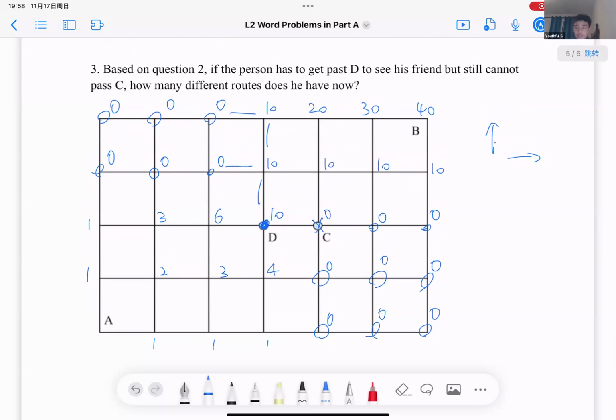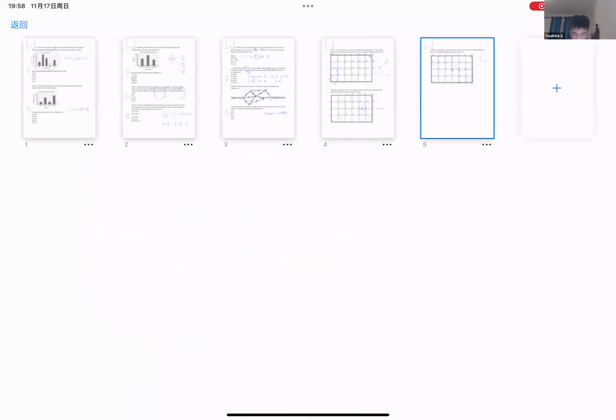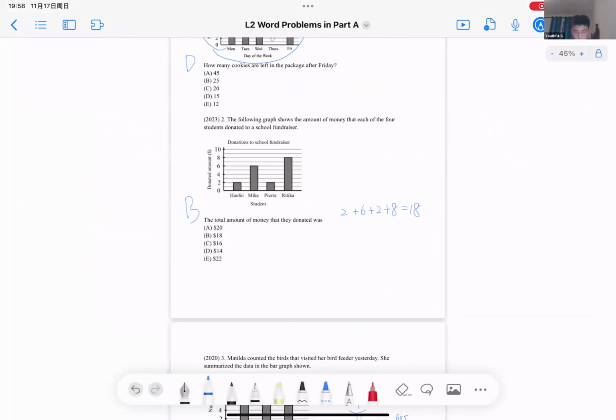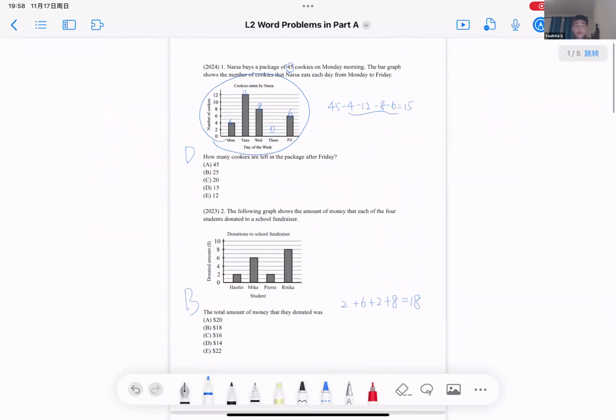So that's basically all the parts for our class today. We talked about some basic problems, and we talked about bar graphs very briefly, because there's not much to expand on.